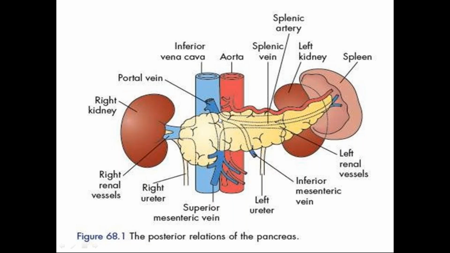Posterior are the major vessels, the inferior vena cava and aorta. If you take a look at this picture clearly, you can appreciate behind the neck of the pancreas the splenic vein and the superior mesenteric vein, which join together to form the portal vein, the portal circulation.